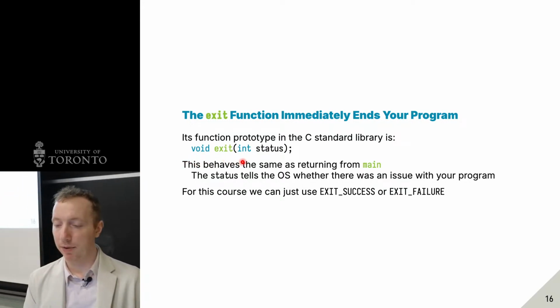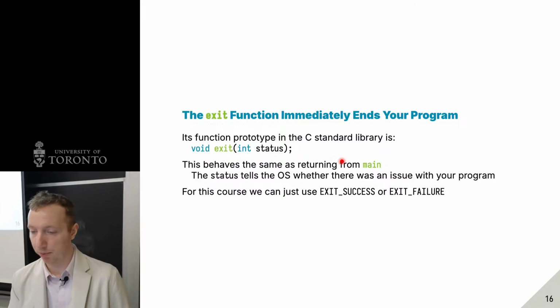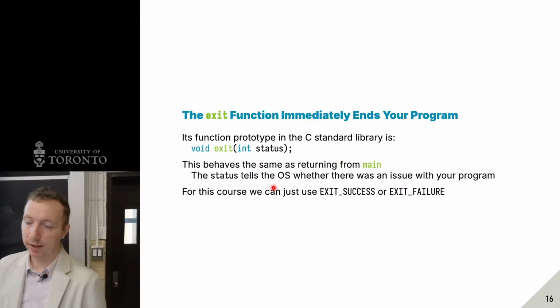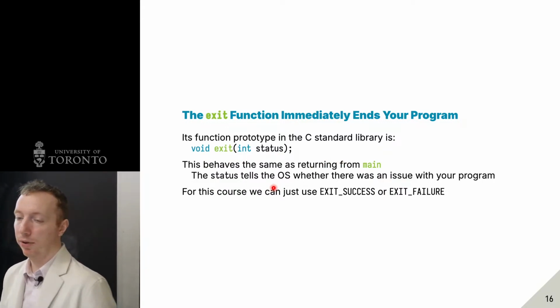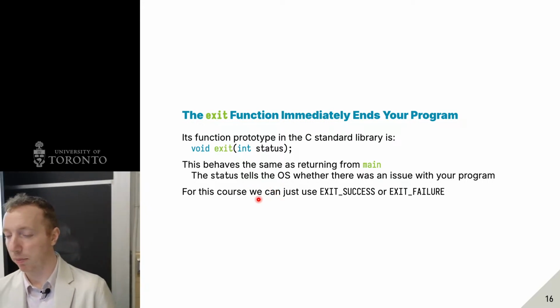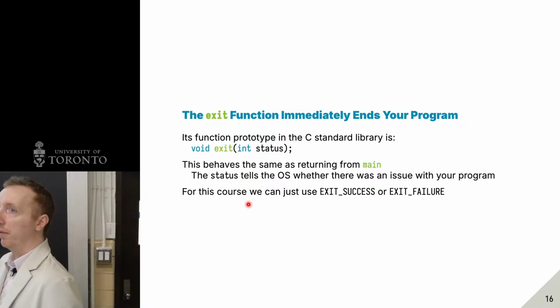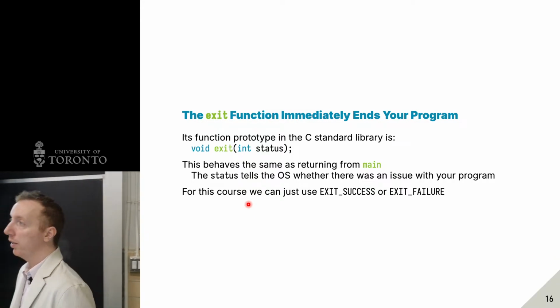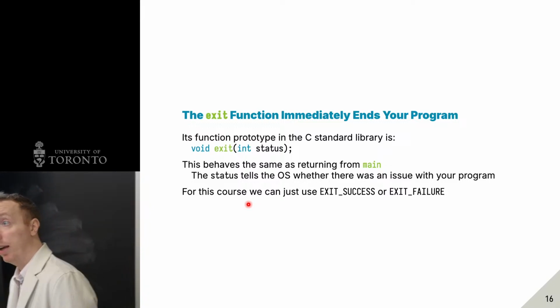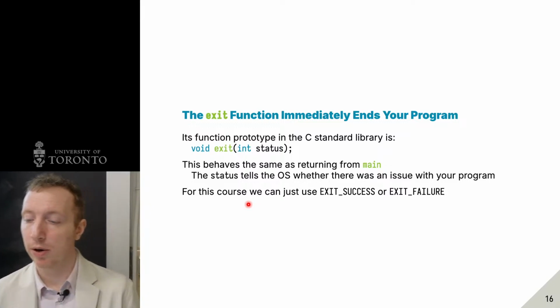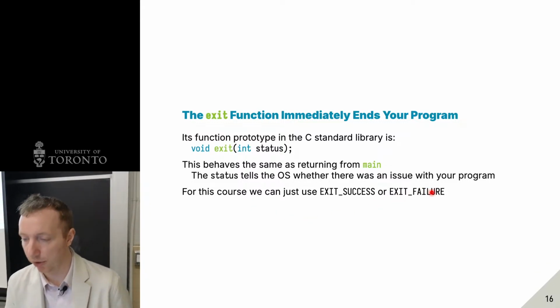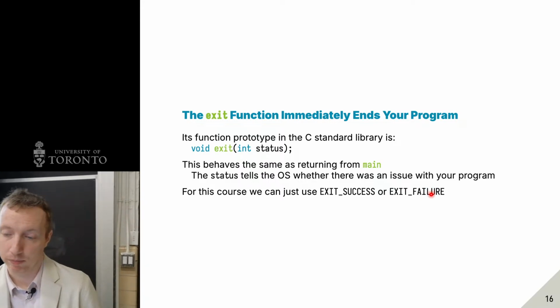So this behaves the exact same way as returning from main. Again, that status tells the operating system whether or not there is an issue with your program, which it can ignore if it wants. But in this course, if everything goes as expected, you should just use exit success, which is just 0, or exit failure, which, spoiler alert, is just the value 1.